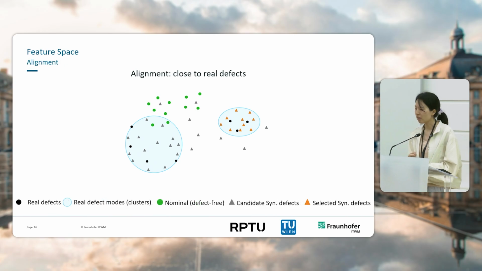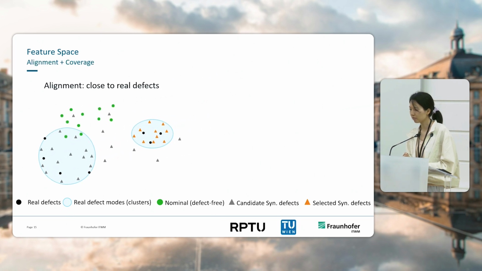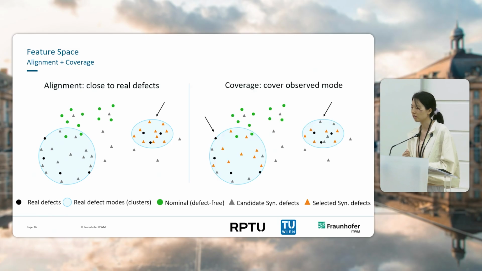A natural idea is to select synthetic defects that are close to real defects. However, this alone may make the selected set collapse to a single defect mode. So we add a coverage term. This encourages the selected set to cover multiple different defect modes.